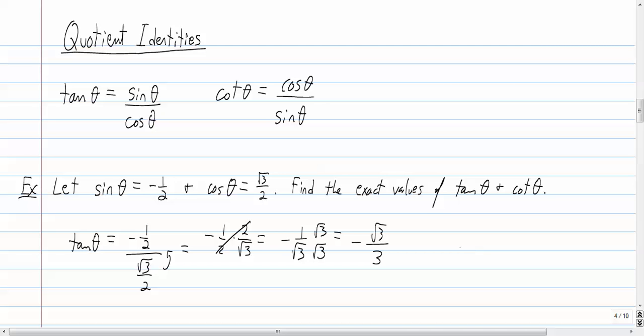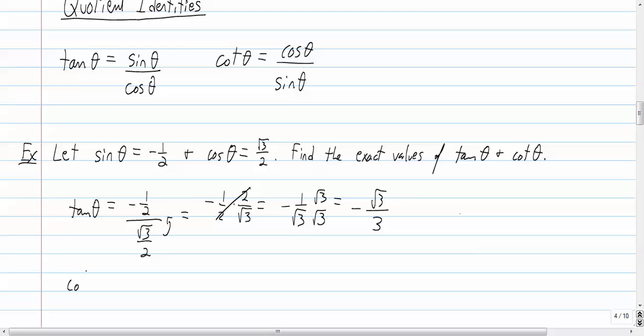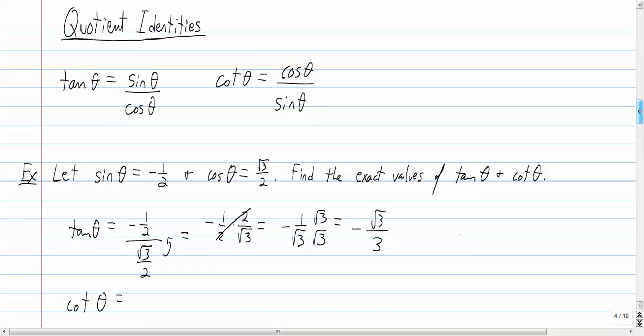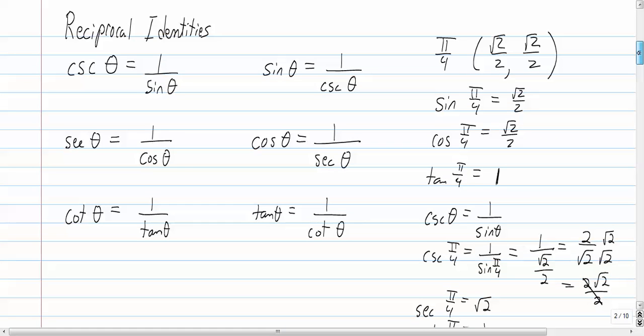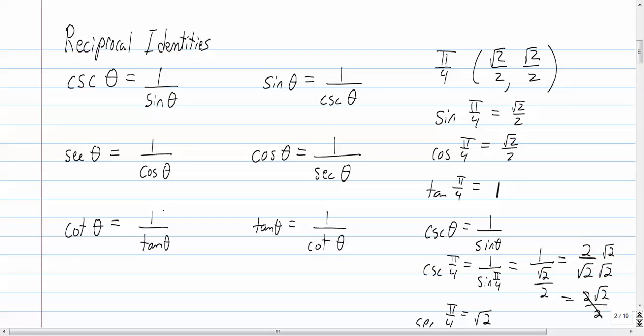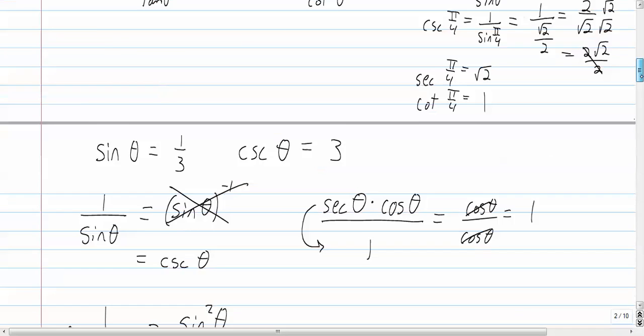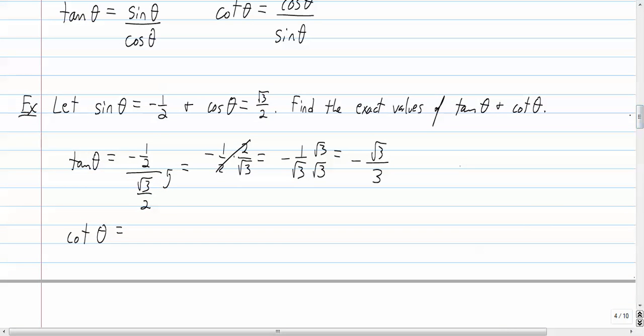Alright, very similarly, we can work the cotangent of theta. Now, we can find the cotangent of theta one of two ways. We could either use the quotient identities, or we could use the reciprocal identities. Because cotangent is 1 divided by tangent of theta, I could just take the reciprocal of what I get for tangent.